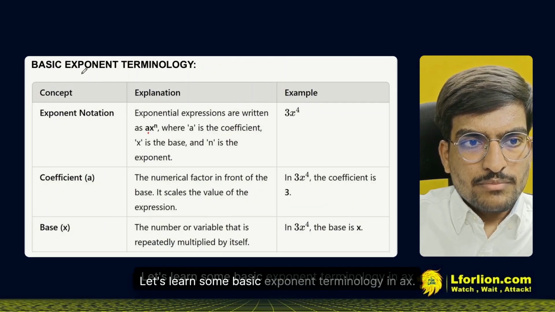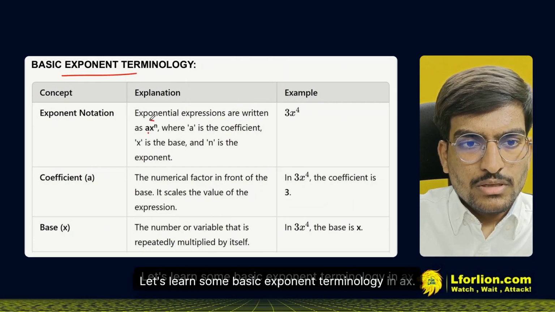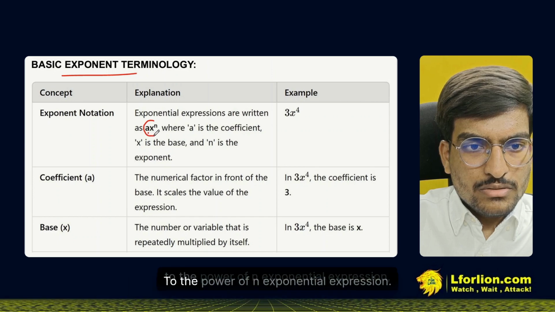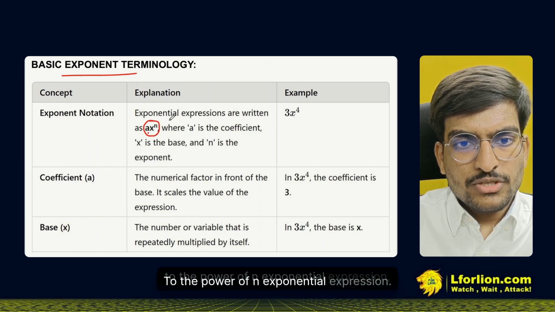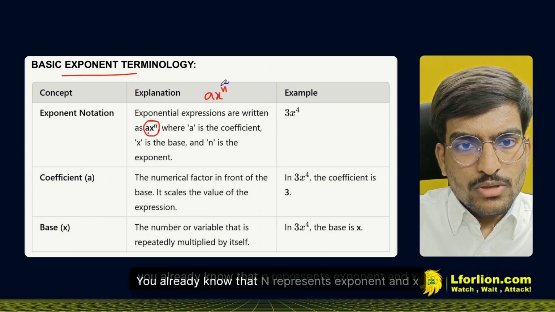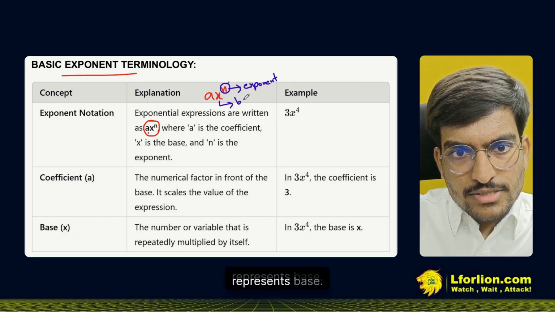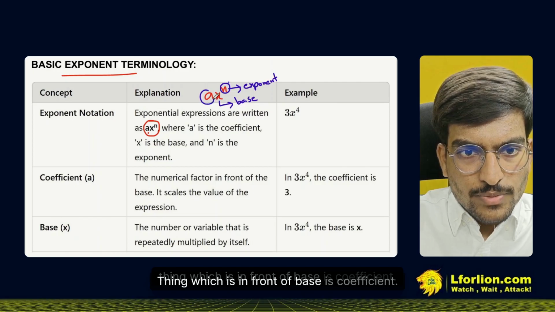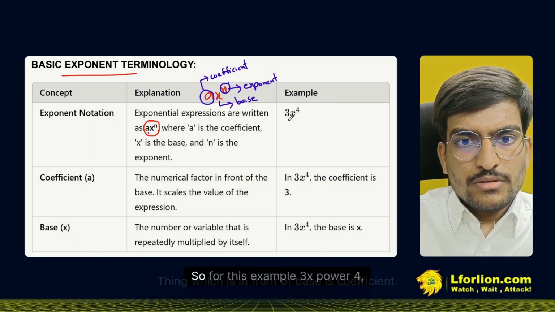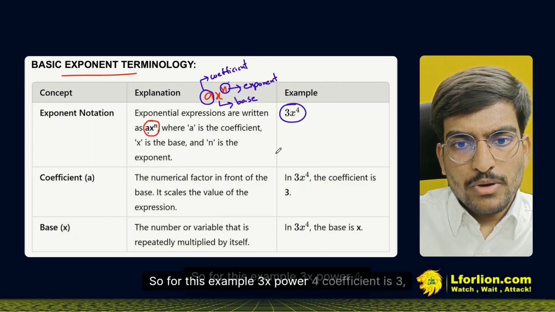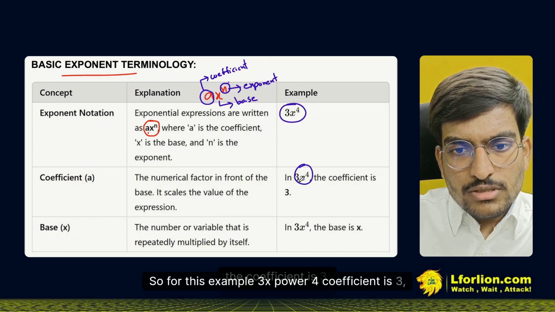Let's learn some basic exponent terminology. In the exponential expression a x to the power of n, you already know that n represents the exponent and x represents the base. The thing which is in front of the base is the coefficient. So for this example, 3x power 4, the coefficient is 3.